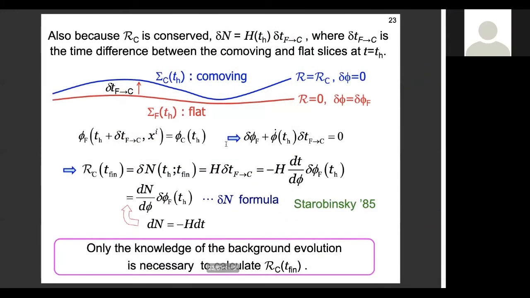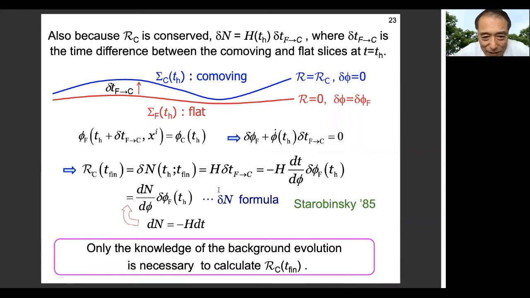So that's why this is the final. But in the current case, this final is equal to this curvature perturbation R_c here. It's just a coincidence, because R_c is conserved.